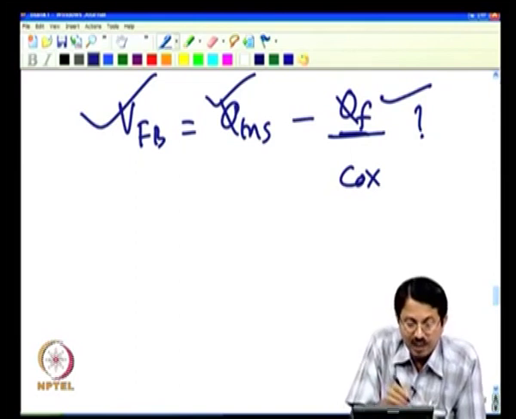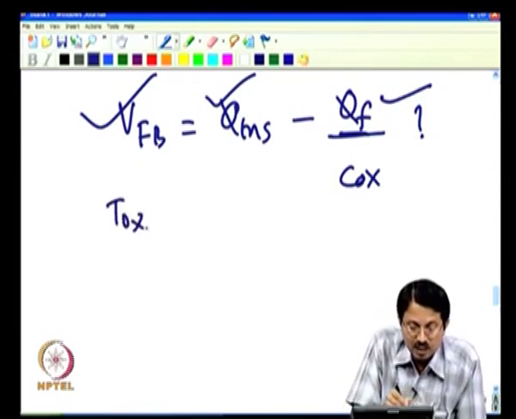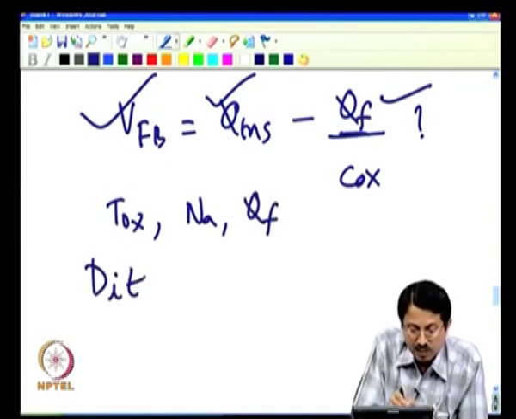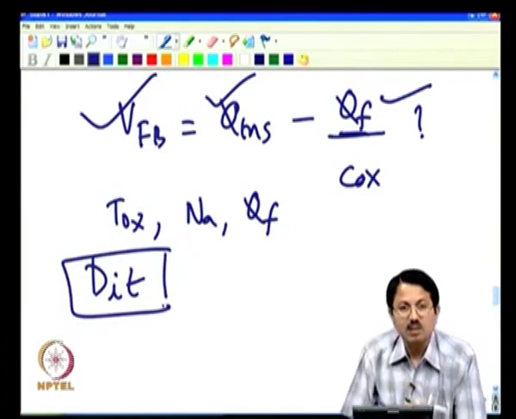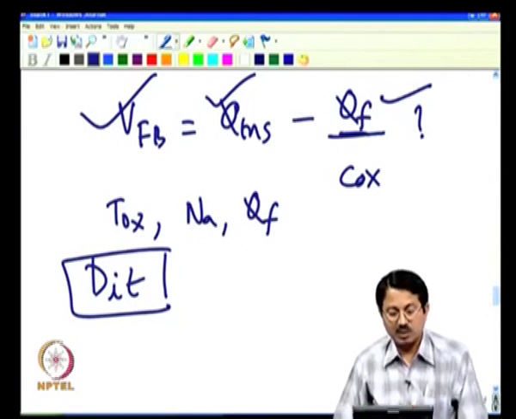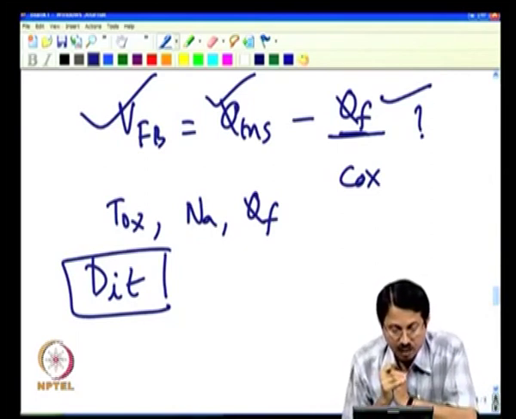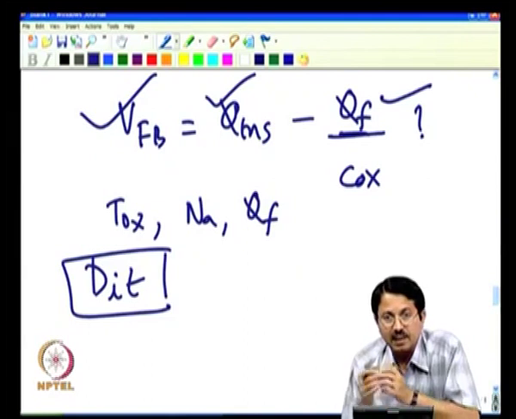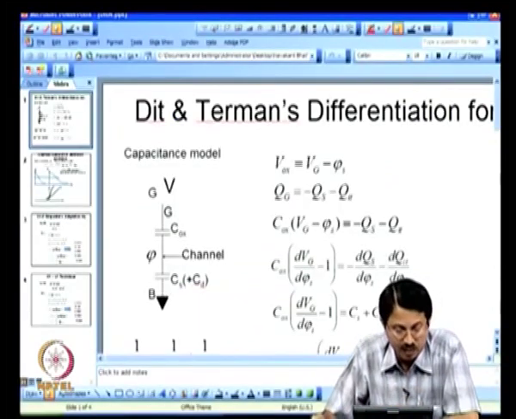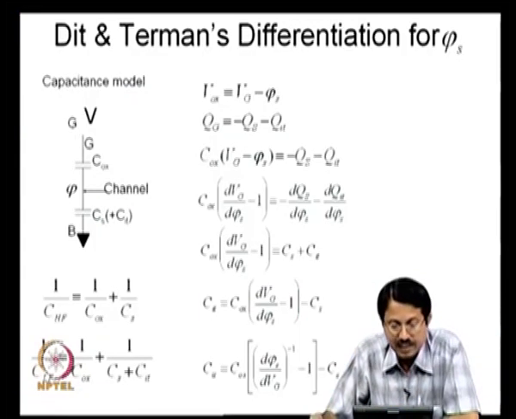Now I have done Tox, I have done Na, I have done Qf. The next important thing is to measure DIT, which is one of the most important things, especially if you want to get a very good quality MOS capacitor. So, how do we get this DIT? There are multiple ways one can get this DIT. Let us look at different ways of getting DIT.